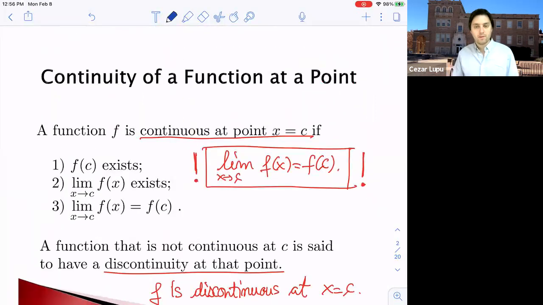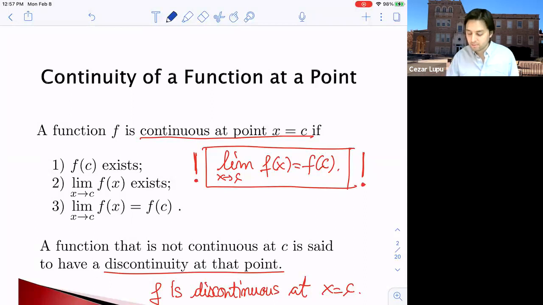Look at the definition. You see what I highlighted in red? The limit as x approaches the point c, which in our case is 2, of f of x has to agree with the value at that point, which in our case is f of 2, right?